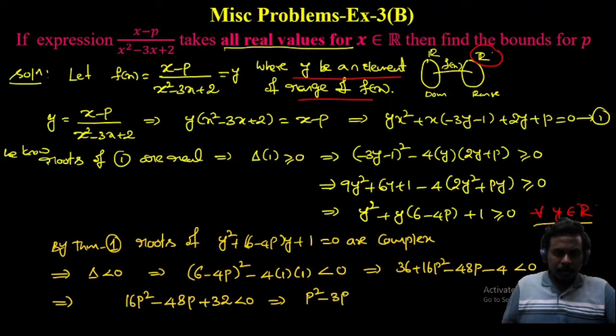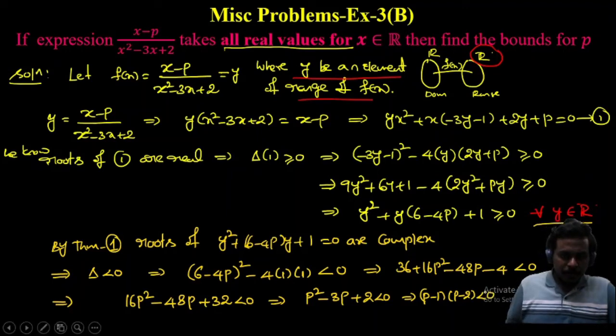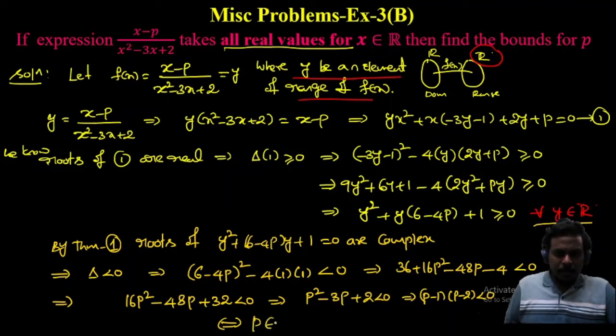So p square minus 3p plus 2 is less than 0, which implies (p minus 1) into (p minus 2) is less than 0. So this happens if and only if p belongs to the interval 1 to 2 actually.